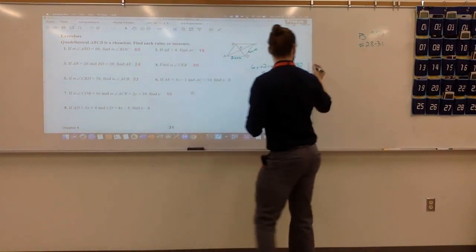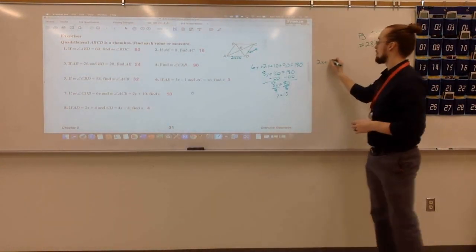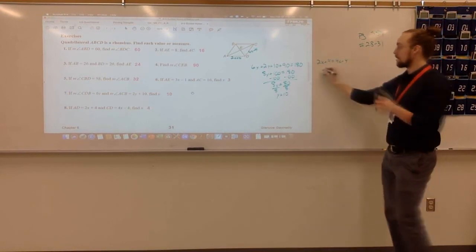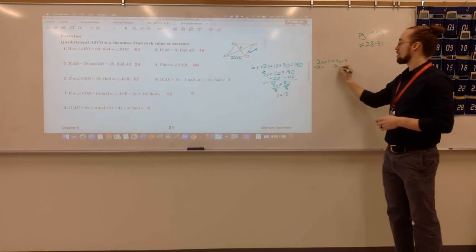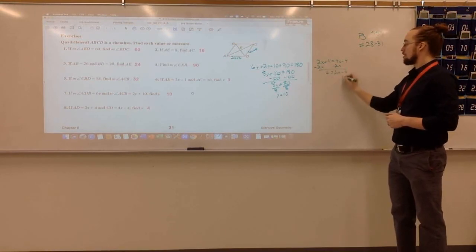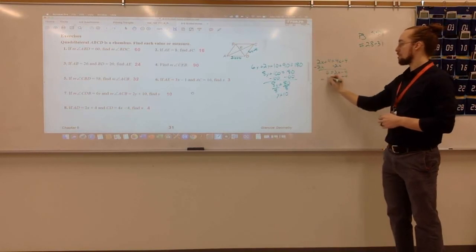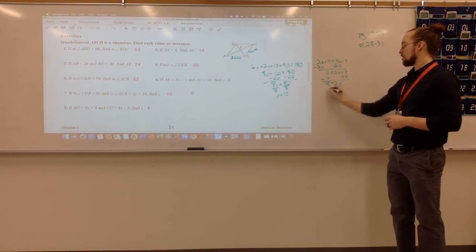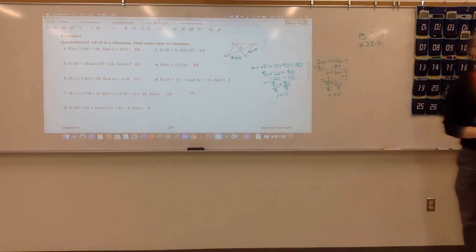So my setup for this one will just be 2x plus 4 equals 4x minus 4. Get the x's on one side. Get the numbers on the other. Divide by 2. We get that x is 4.